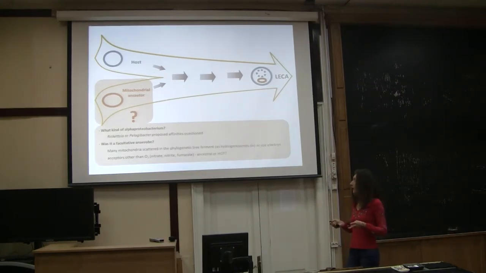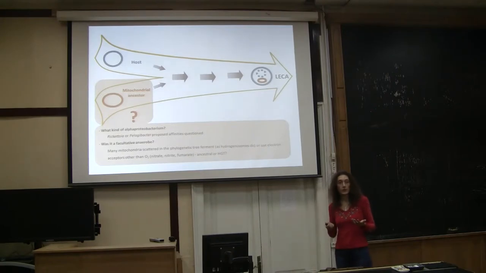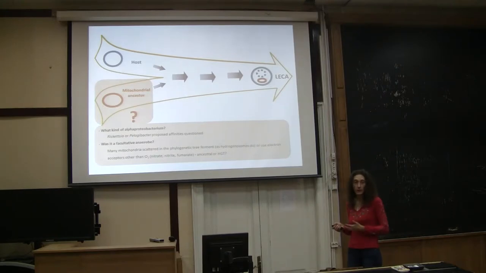Hydrogenosomes, I recall, are organelles derived from mitochondria, present in many anaerobic protists. Mitochondria of anaerobic protists can also use acceptors other than oxygen, such as nitrate and fumarate. So, because they are widespread in the phylogenetic tree of eukaryotes, does this mean that this capacity to use other electron acceptors was universal or was present in this ancestor?